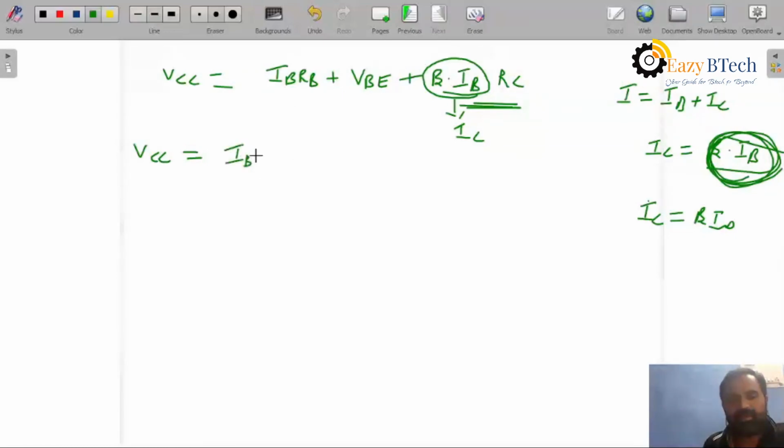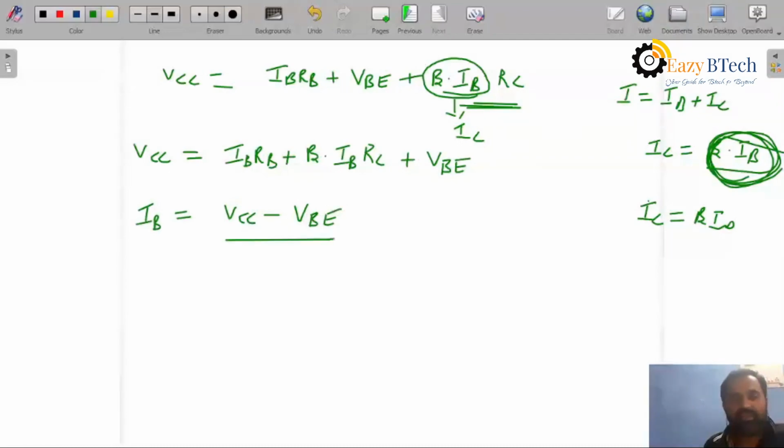Okay, VCC is equal to IB RB plus beta into IB RC plus VBE. To get IB, IB is equal to VCC minus VBE by RB plus beta into RC.